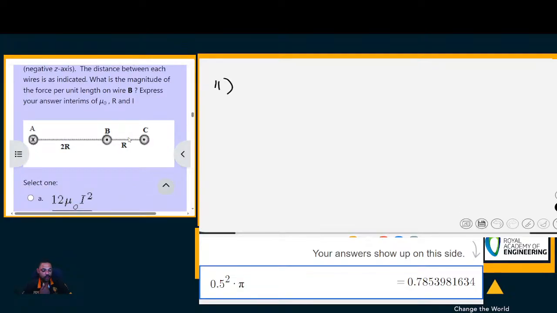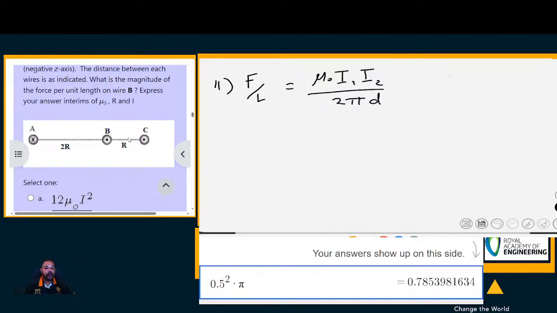First of all, the force per unit length due to two different current-carrying wires that are parallel can be calculated as follows. The force per unit length is equal to mu naught times the current in 1 times the current in 2 divided by 2 pi times the distance between those two wires. That's how you calculate the force between two parallel wires.